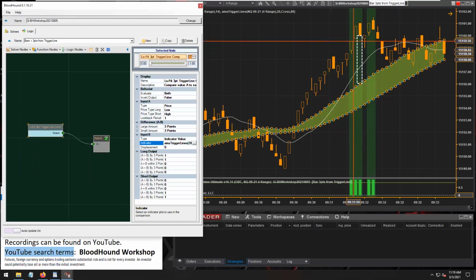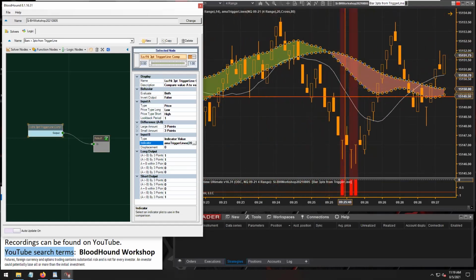We can see there's already a couple of bars marked for us with a long output, telling us that those bars are more than 3 points away from the trigger line. And there's a couple of bars that are more than 3 points below the trigger line.